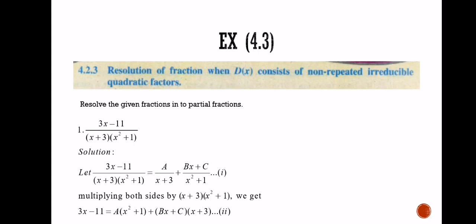So let 3x minus 11 divided by x plus 3 into x square plus 1 be equal to, since x plus 3 is the linear factor, an unknown constant a in the numerator.